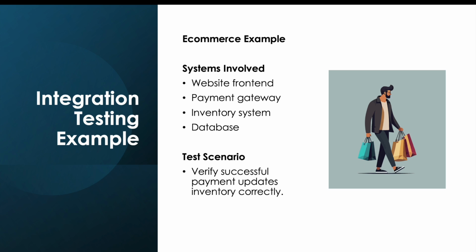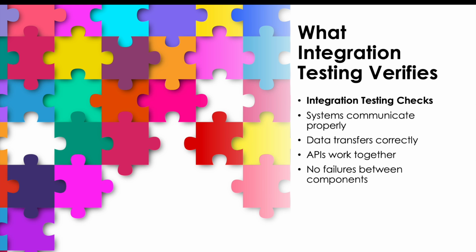The test scenario would be to verify a successful payment updates inventory correctly. So when someone buys it, you have one less of that thing. And integration testing would check if that system is working correctly. What integration testing verifies: systems communicate properly, data transfers correctly, APIs work together, and no failures between components.